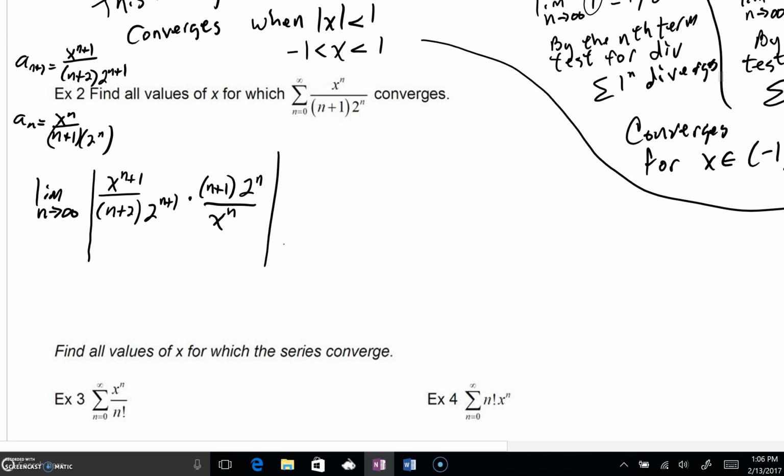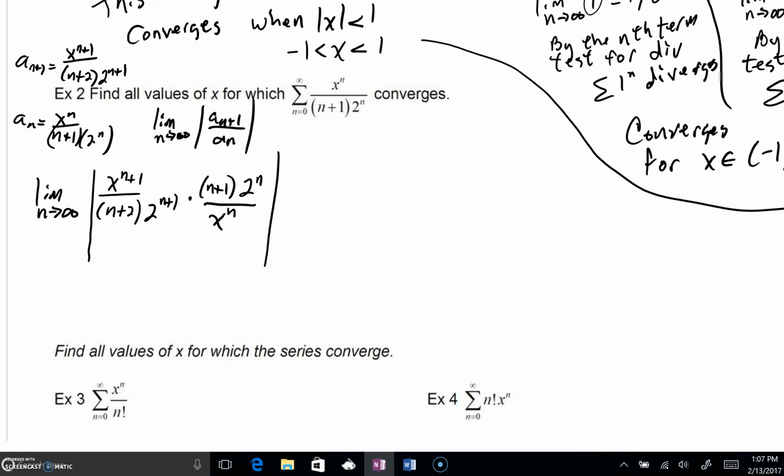You do not have to write an improper fraction, a complex fraction, a fraction over a fraction. You can essentially say, look, I know I'm supposed to divide the n plus 1 term, which will include an x now, and I'm dividing it by the nth term. But dividing by the nth term really means multiplying by the reciprocal of that nth term.